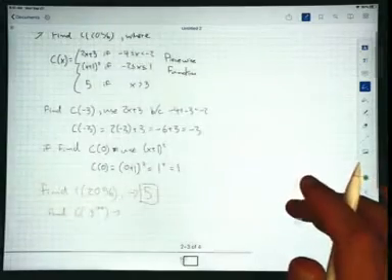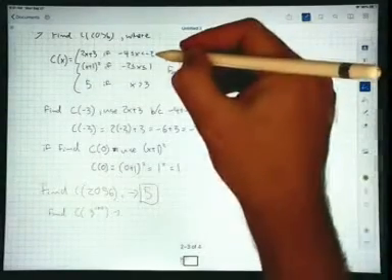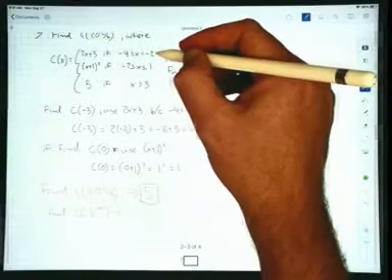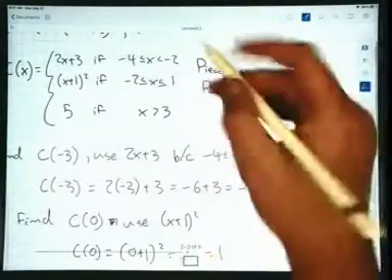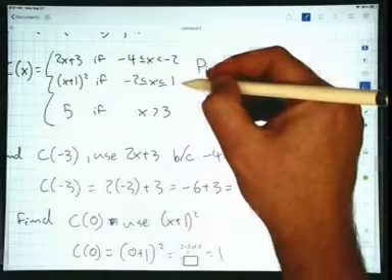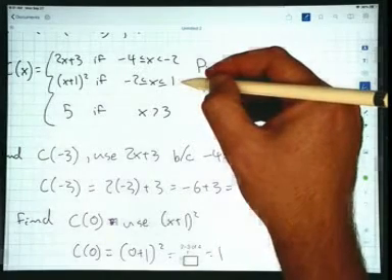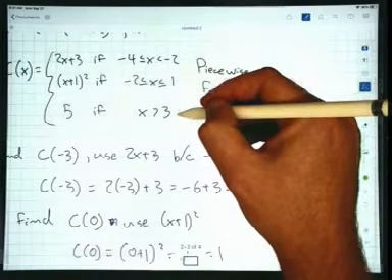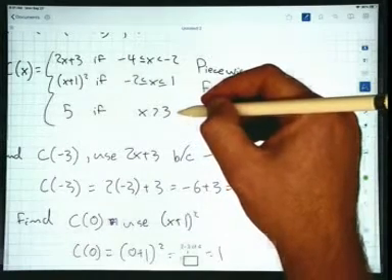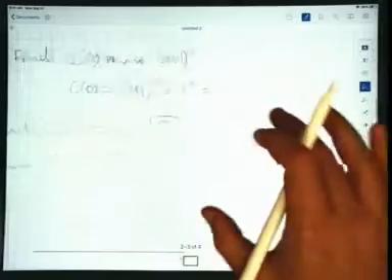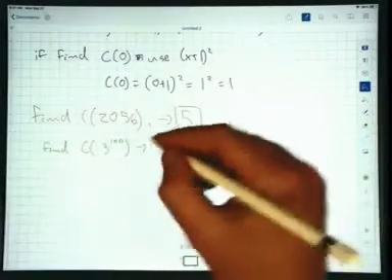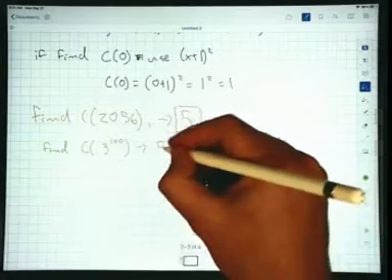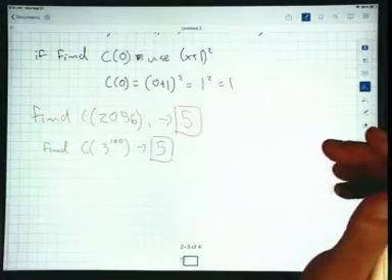It's a huge number. That number, 3 to the 100, does that fit in interval 1? No. It's really big. Does it fit in interval 2? No. It's really big. Is a really big number greater than 3? Yes. So what is C of 3 to the 100? It is 5.